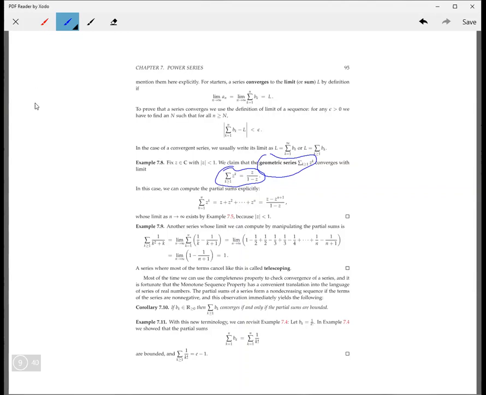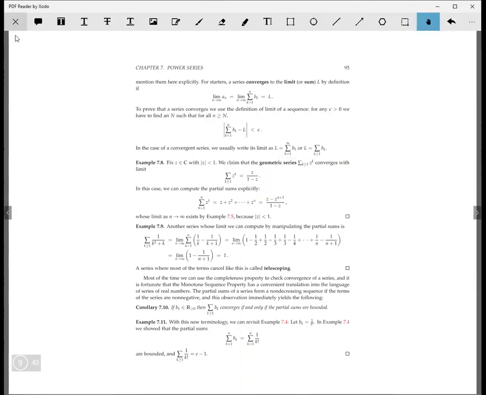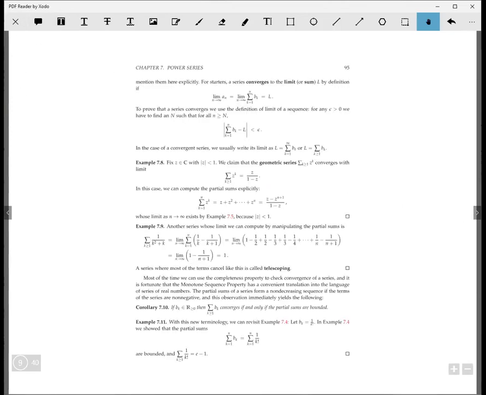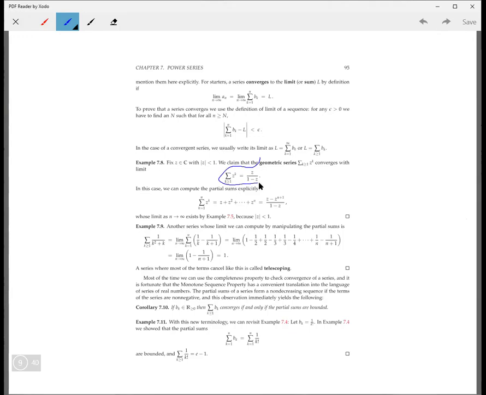Okay, so let me do it on this page. Whoa, I circled that and then I just erased everything. Okay, so the geometric series.